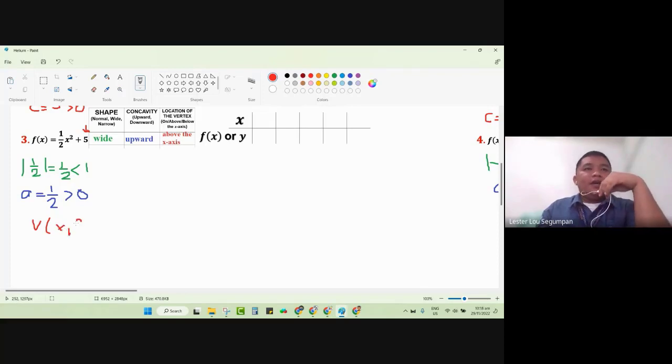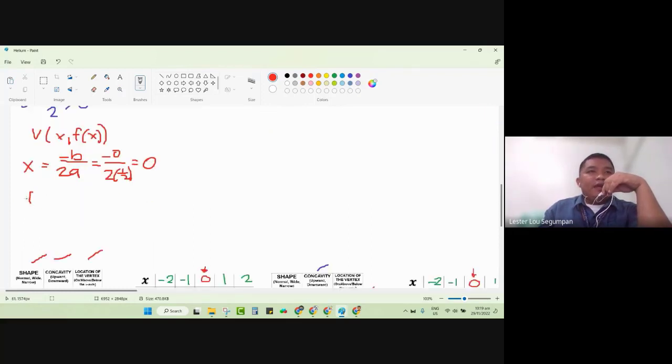Again, a combination of the x coordinate and f of x using the value of x. We start with the x, which is negative b over 2a. And since again b is not around, we expect this to become negative 0. And even if a is fractional, like 1/2, since the numerator is 0, it's just a 0.